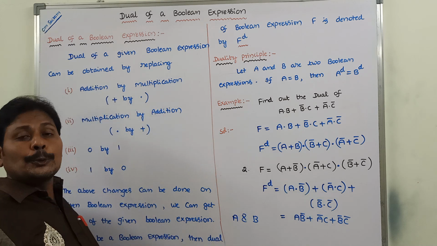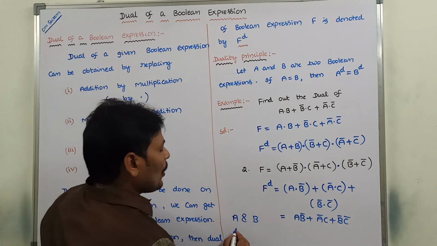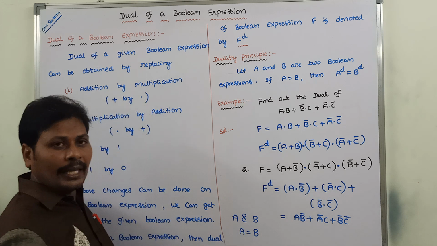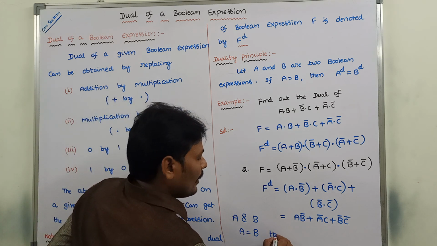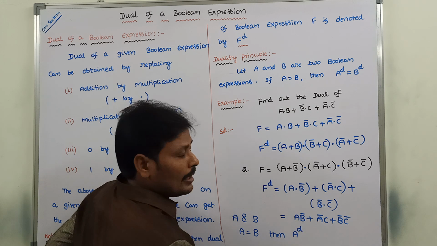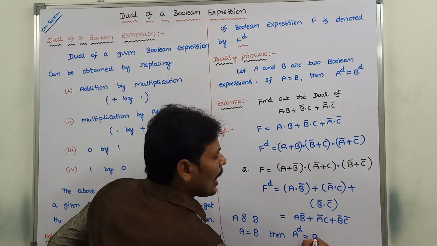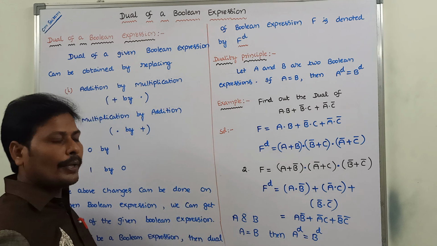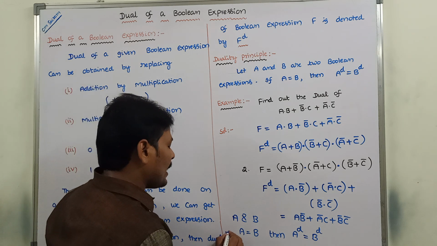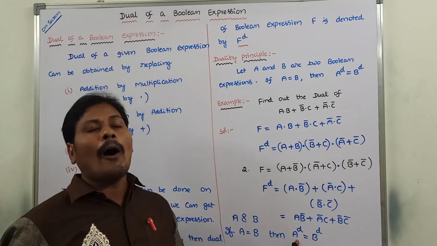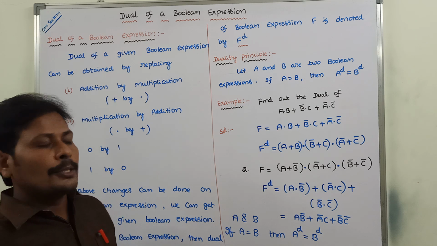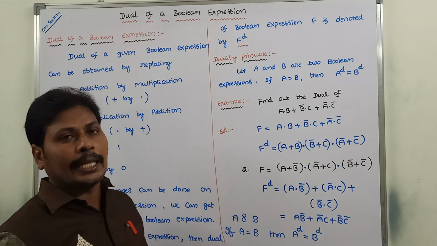Suppose Boolean expression A is equal to Boolean expression B. Then the dual of Boolean expression A, A power D, is also equivalent to the dual of Boolean expression B. So if A is equal to B, then the dual of A is also equal to the dual of B. This is called the duality principle.